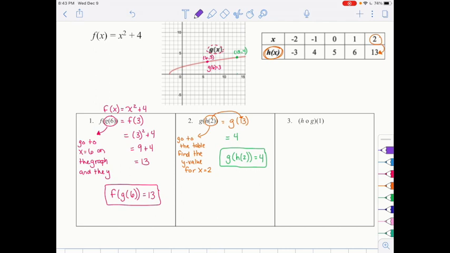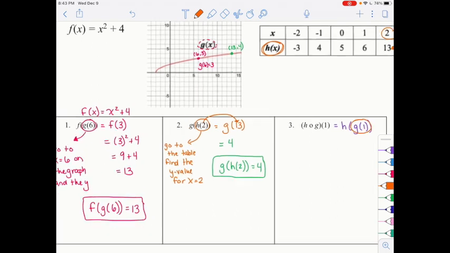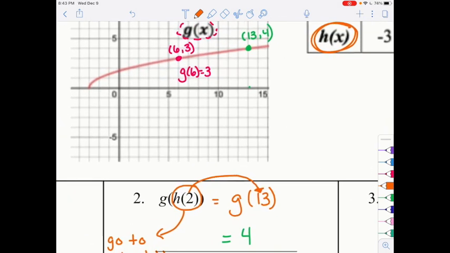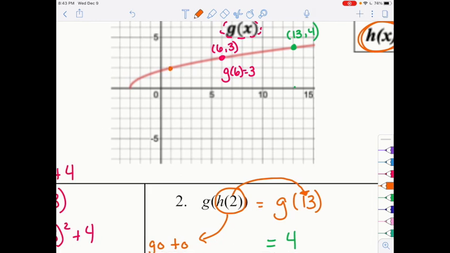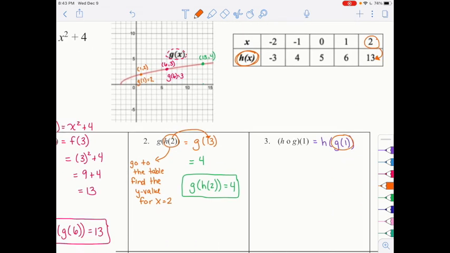Last but not least, I have h of g of x, but I have h of g of 1 actually. It worked inside out. So what is g of 1? So go to your graph, go up to the point, this is the point (1, 2), so g of 1 is 2.